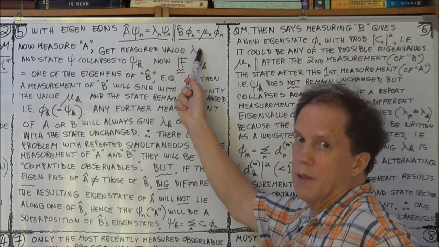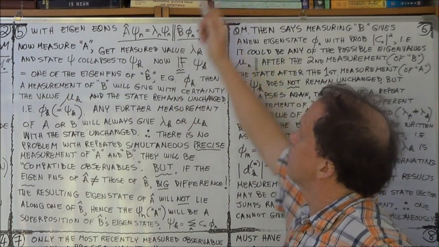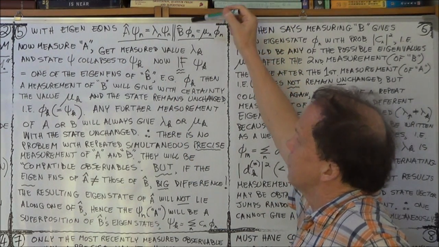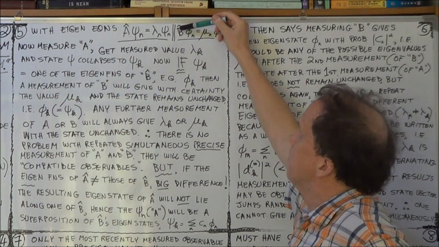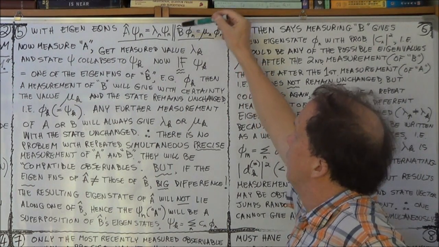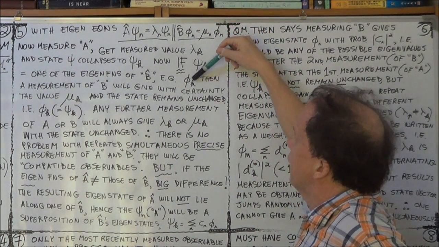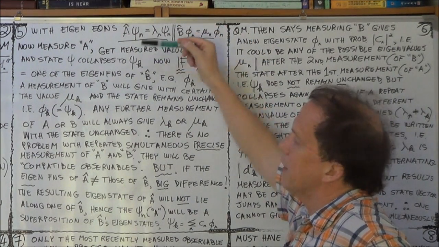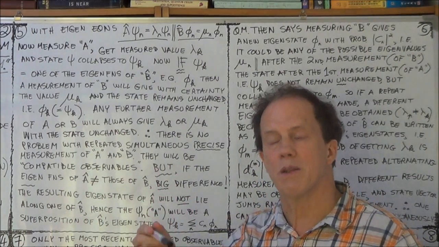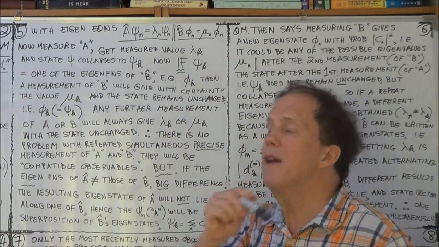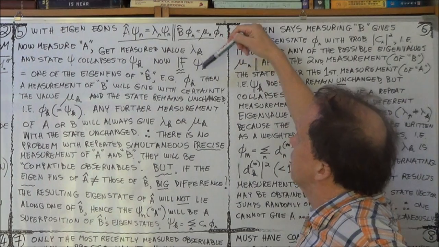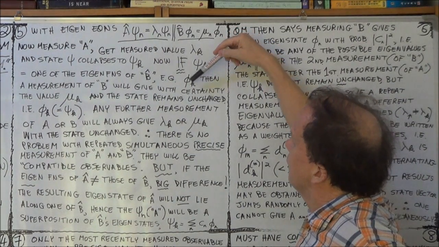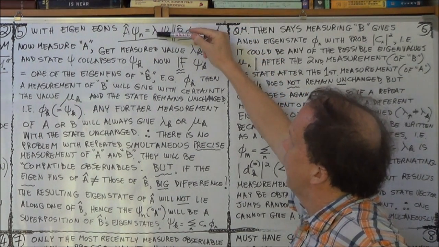Can you see why that's the case? Because what's your state after the second measurement? Well, it's phi k. But phi k equals psi k. So if you do a second A measurement, in other words the third measurement, you will get lambda k again.